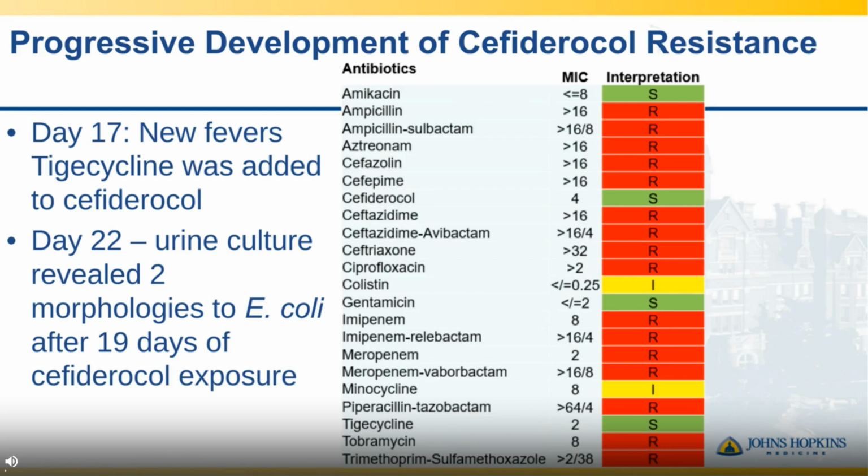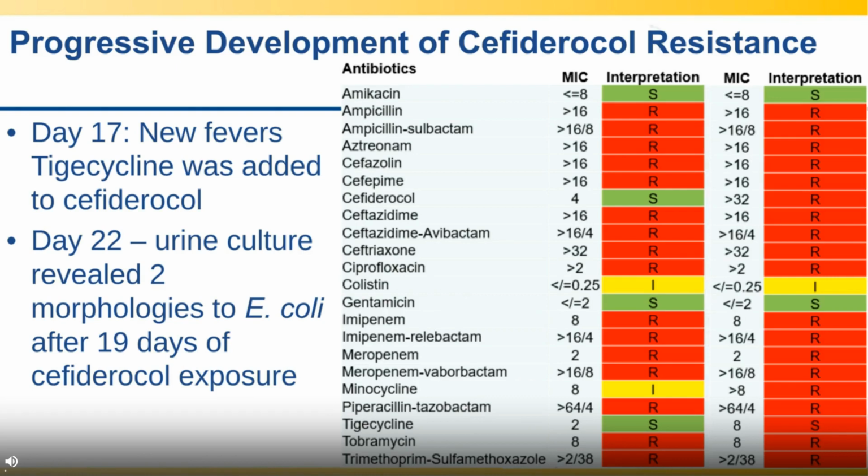However, the second morphology demonstrated frank resistance to cefiderocol as well as minocycline and tigecycline. So while on cefiderocol and tigecycline therapy, we further recovered the same second morphology from the blood culture isolate of this patient.